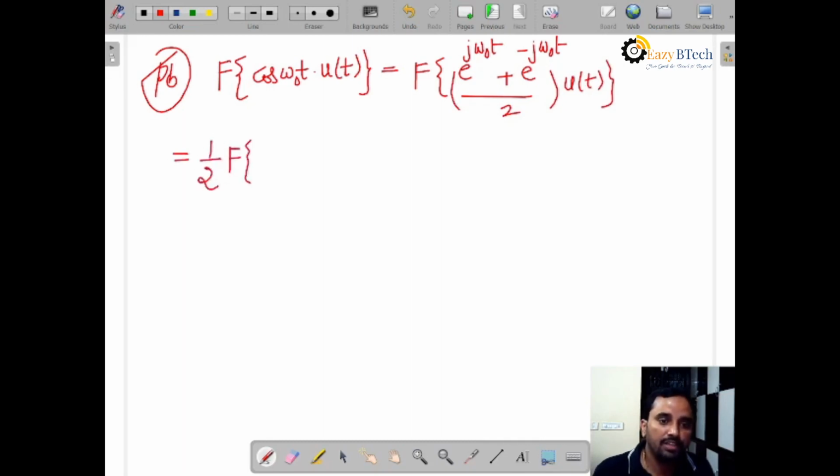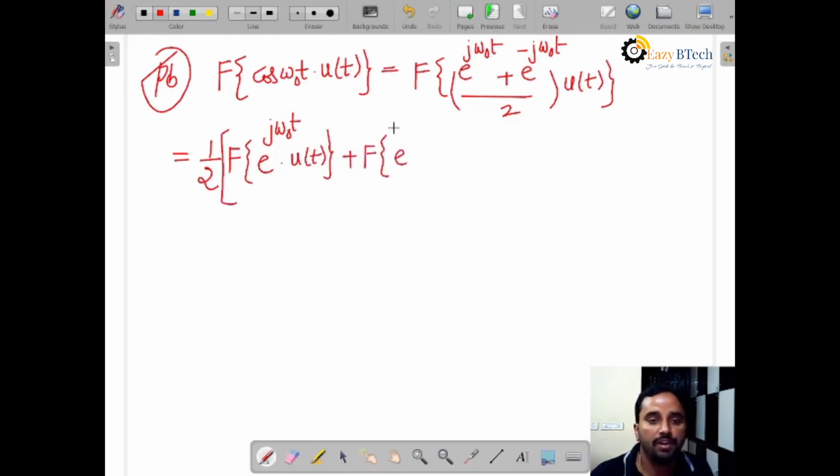So Fourier transform of e to the power j omega naught t into u of t, plus Fourier transform of e to the power minus j omega naught t u of t. Cos is written in terms of exponentials, then we are writing separately.